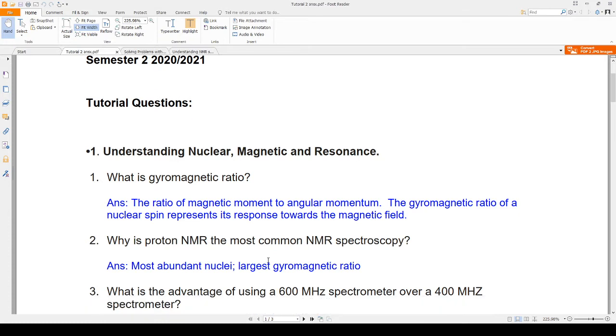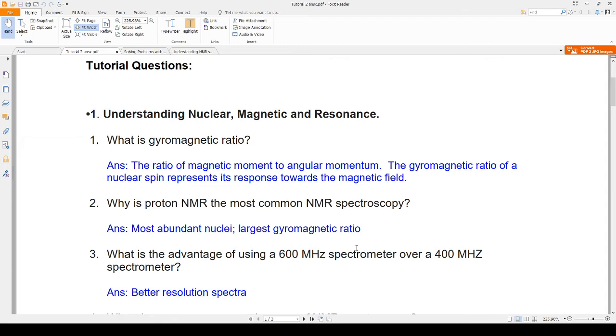So second question, why is proton NMR the most common NMR spectroscopy? Well, definitely because it's the most abundant nuclei, and it has the largest gyromagnetic ratio, so you have a very strong signal, and that's why it's the most common.